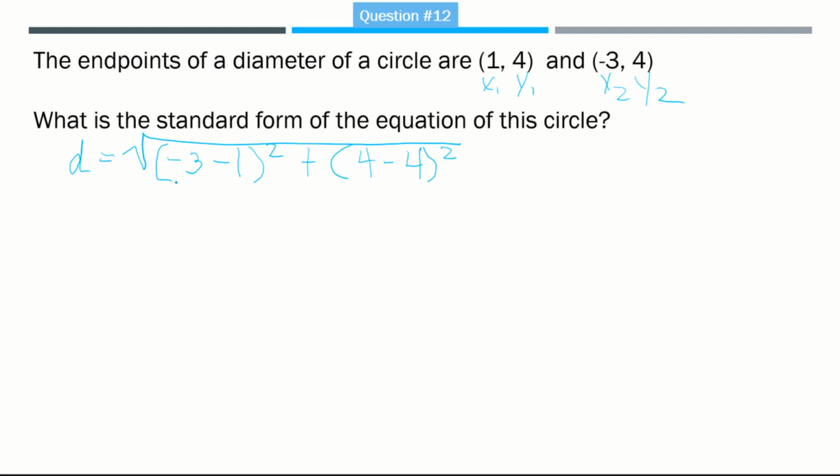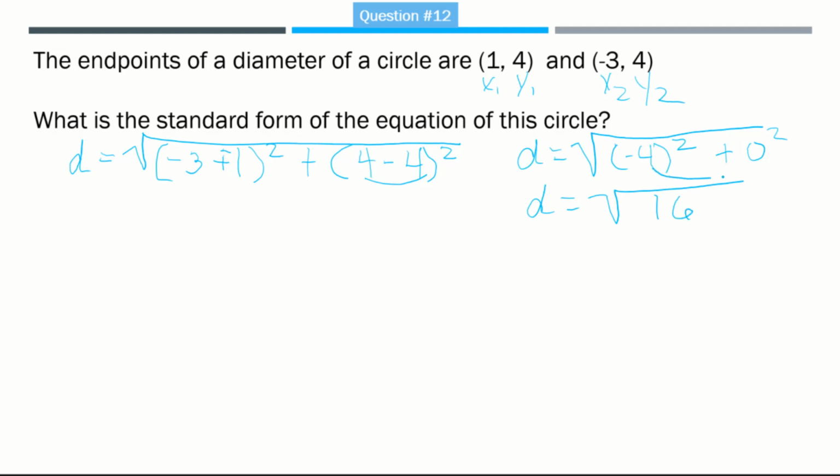So let's work on simplifying that. Distance is equal to the square root of negative 3 plus a negative 1 is a negative 4 squared, and then 4 minus 4 is 0. Okay, so the distance is equal to the square root of 16. This is 16. 16 plus 0 is just 16.